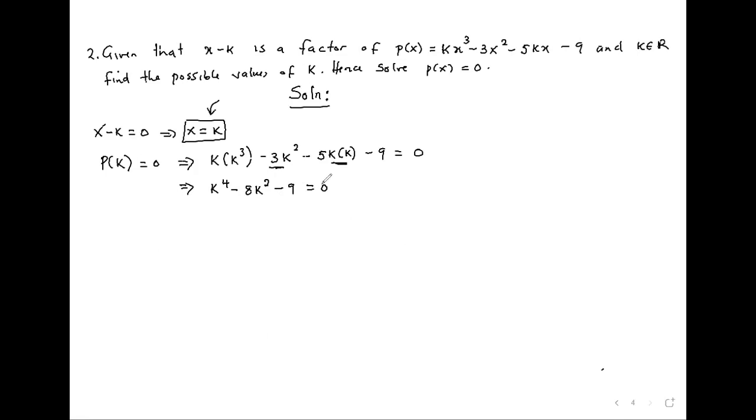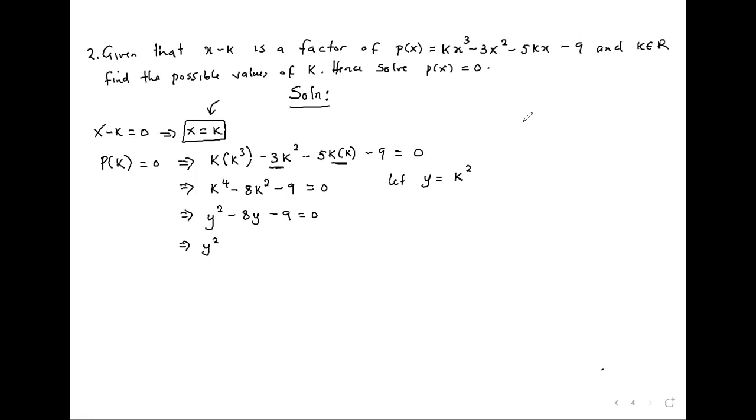Wow, this looks like something complicated, but it's just a quadratic. If you let y be equal to k squared, then we'll have y squared minus 8y minus 9 equal to 0.